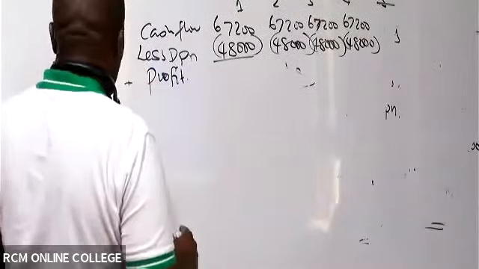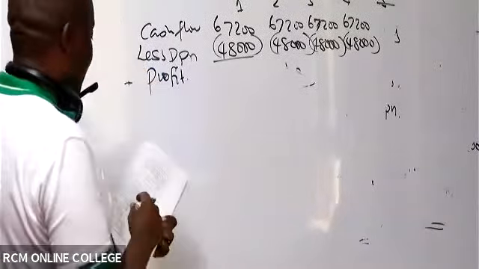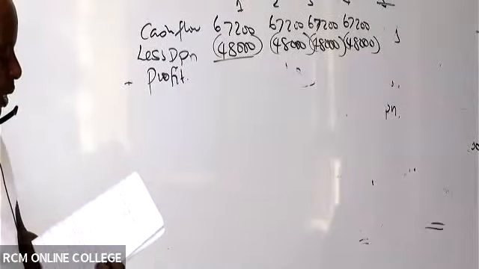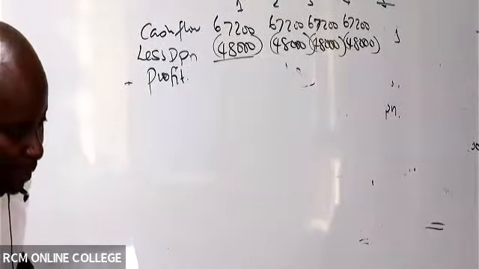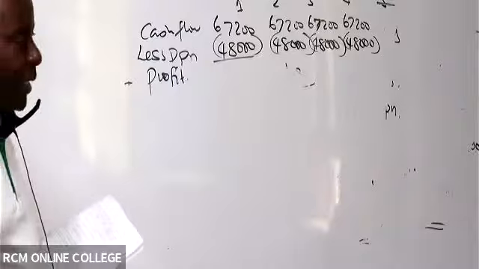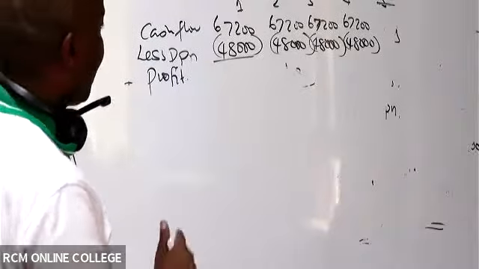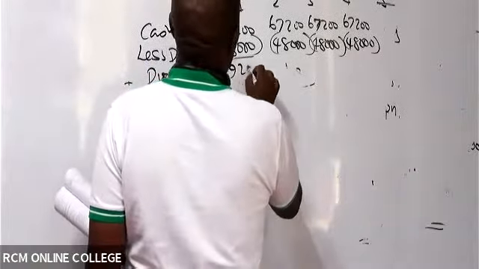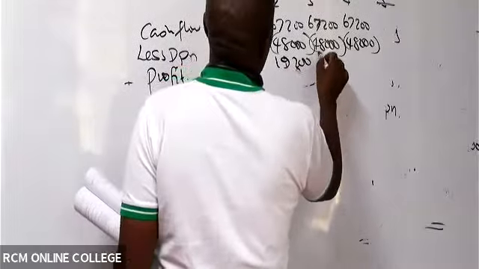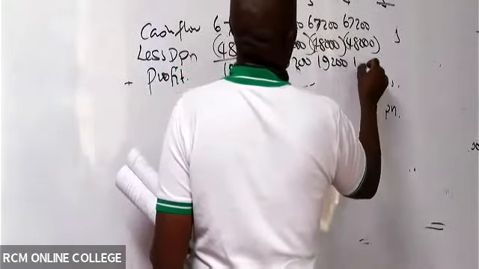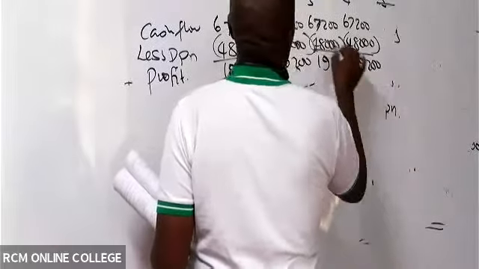Profit. So this profit, how much do we have here? The first one, I'm being given a figure of what here? 19,200. So I have here 19,200, 19,200, 19,200, 19,200, giving us what total?